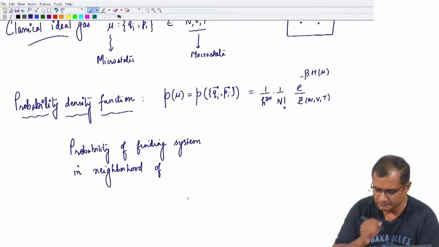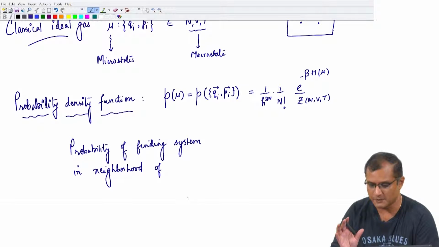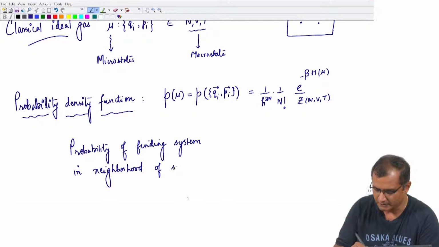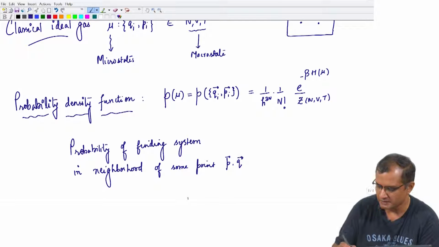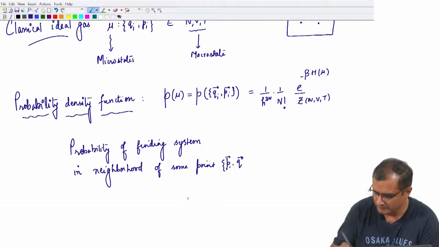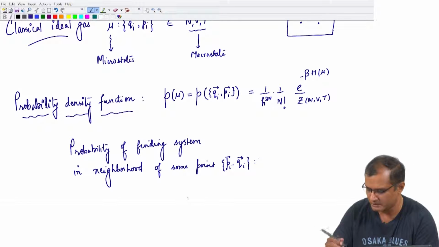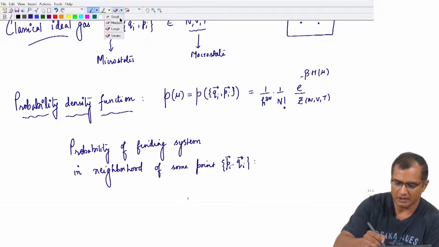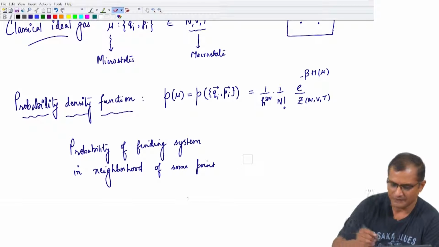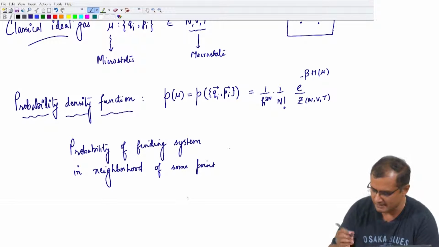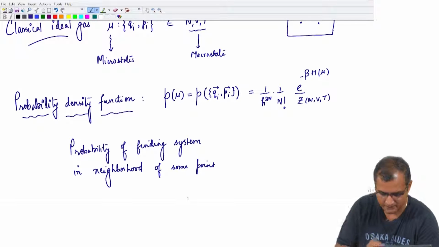So, some value of q and p in the phase space, some point in the phase space.